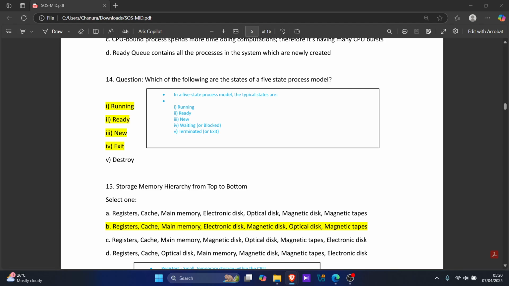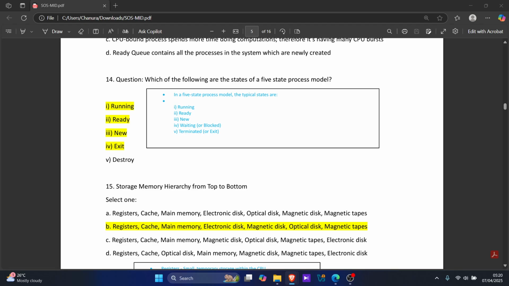Alternatively, maybe the user is mistaken and the correct answer is all except destroy. So the 5 states are new, ready, running, exit, and blocked. Since blocked isn't in the options, perhaps the question is wrong. However, given the options, the answer must be among the ones listed.